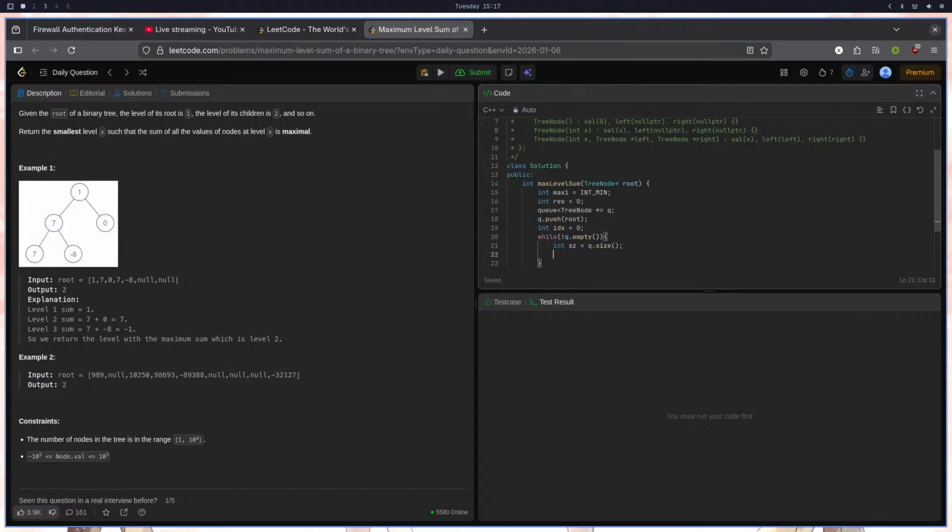What is happening to me today, brother. For i equal to 0 and then nested i plus plus, equal to q dot front val with q dot front, first, q dot push.